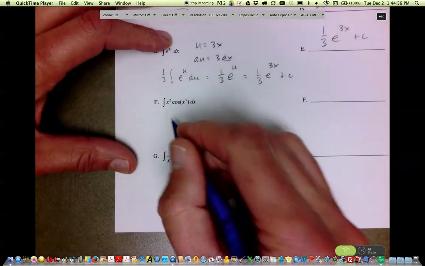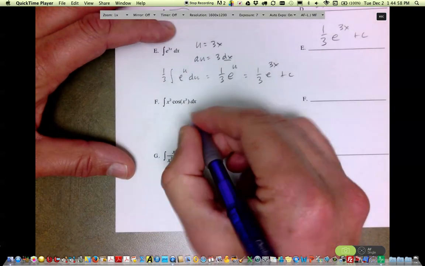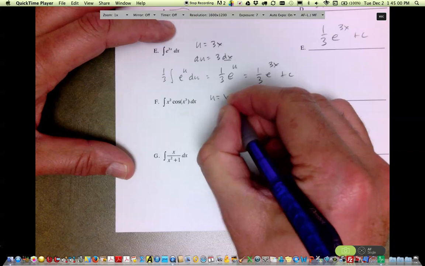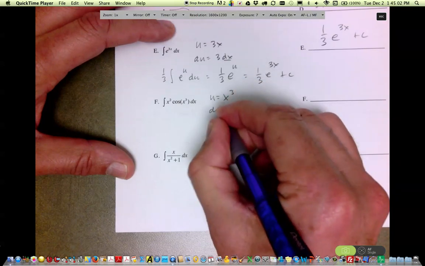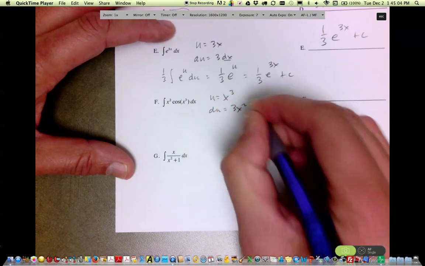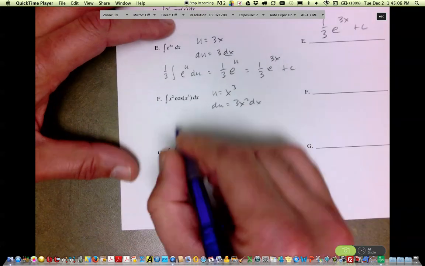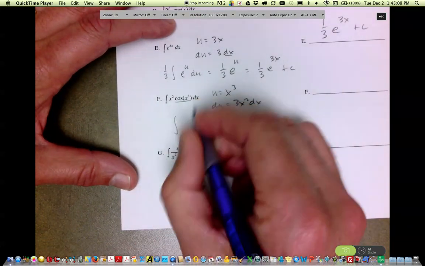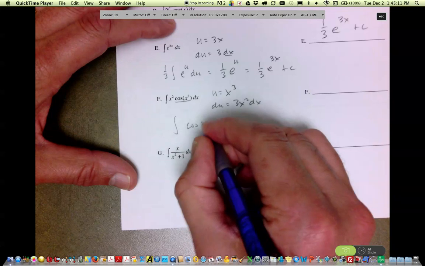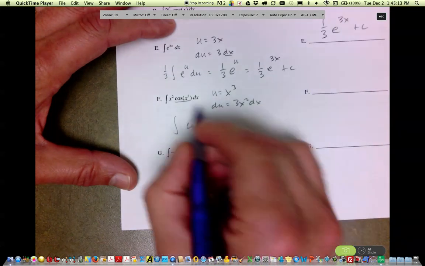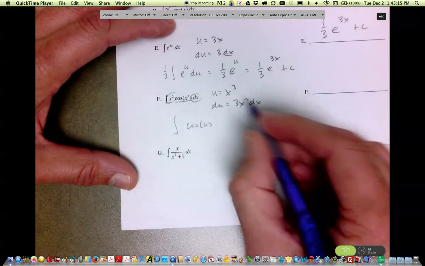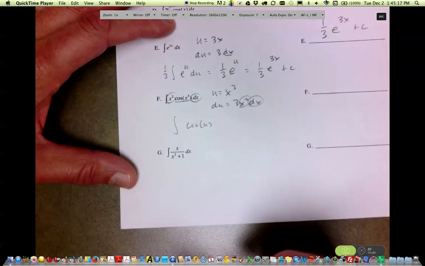Okay, this one might have been on the problems that we did last night too. Let's let u be x to the 3rd. du is 3x squared times dx. Substituting in, this is going to be cosine of u. Then I've also got this x squared times dx, and I've got x squared times dx over here.